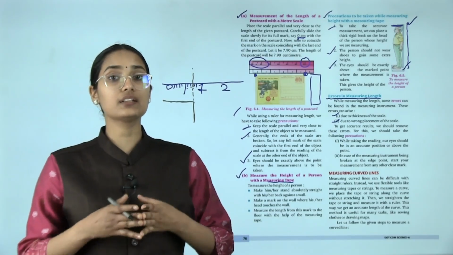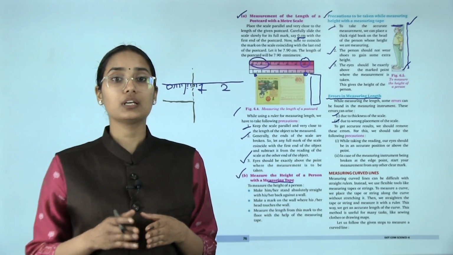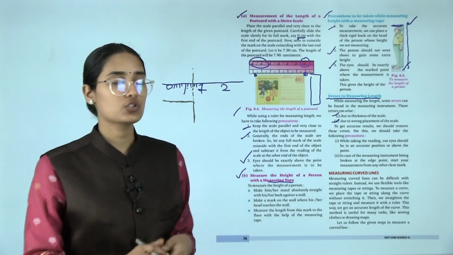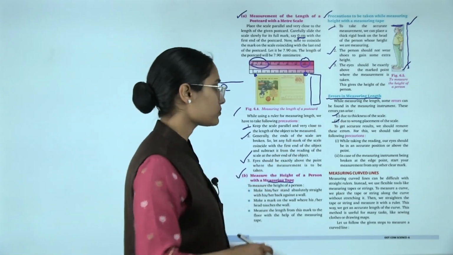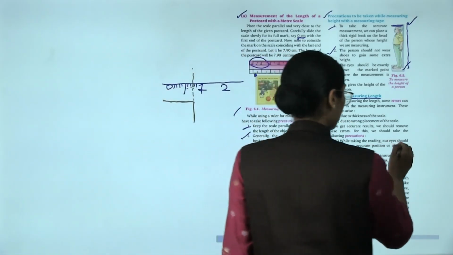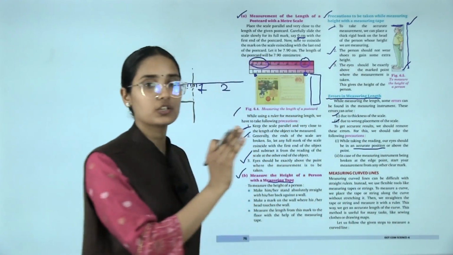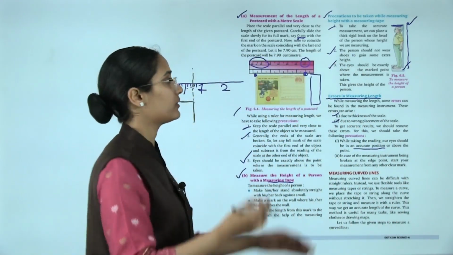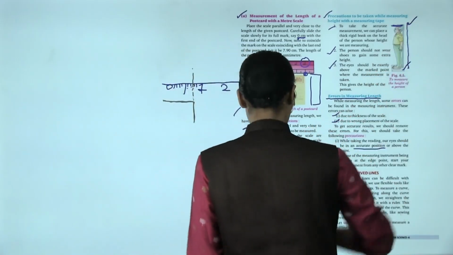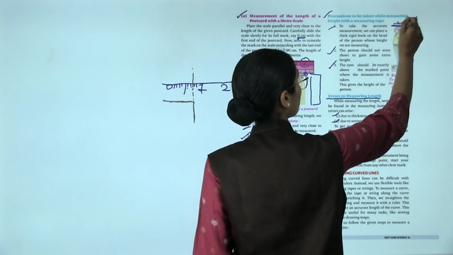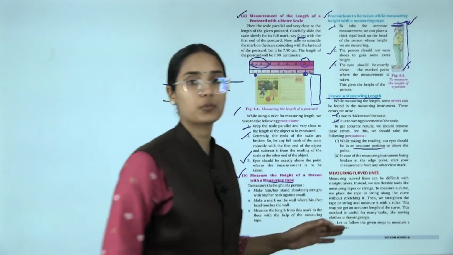So, while taking the reading, our eye should be in an accurate position, or above the point. For example, I marked a point here. So, my eye should look here, just above the point.